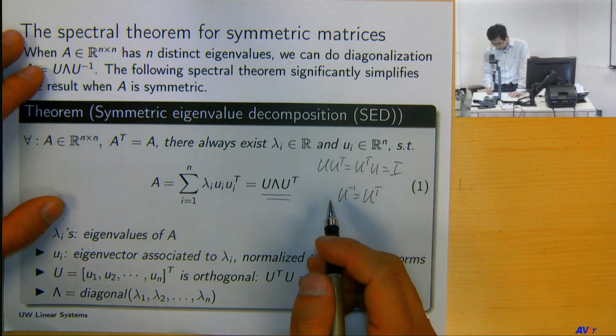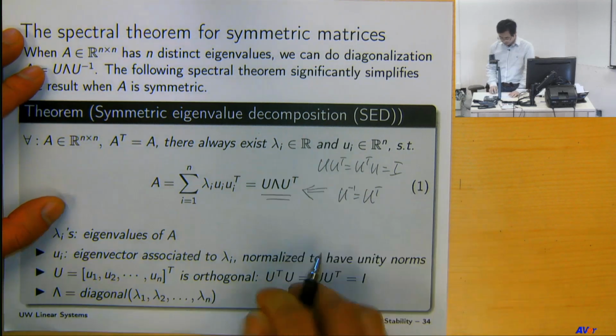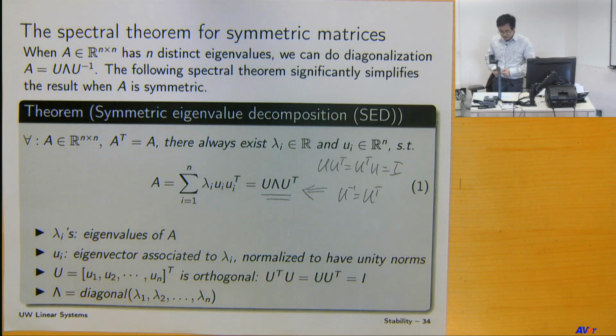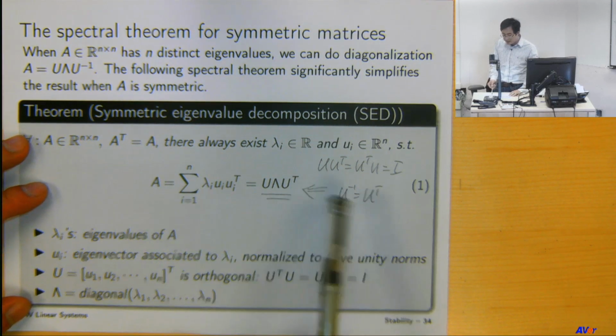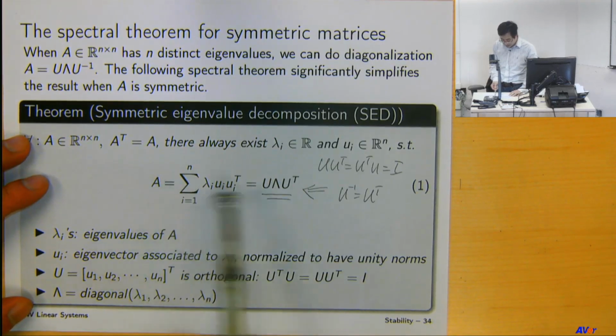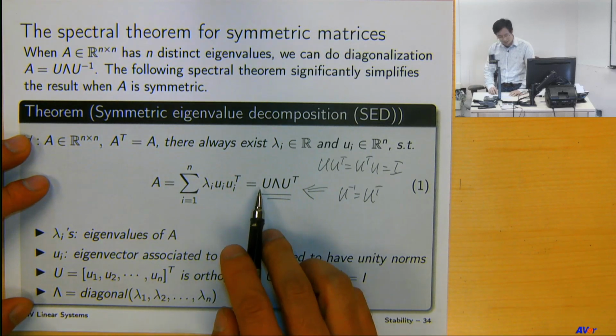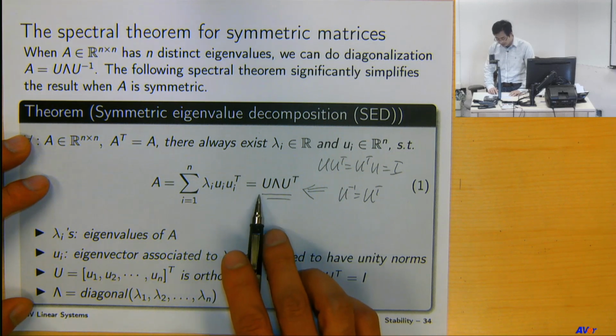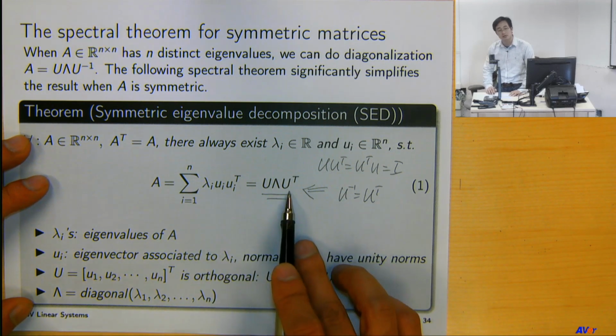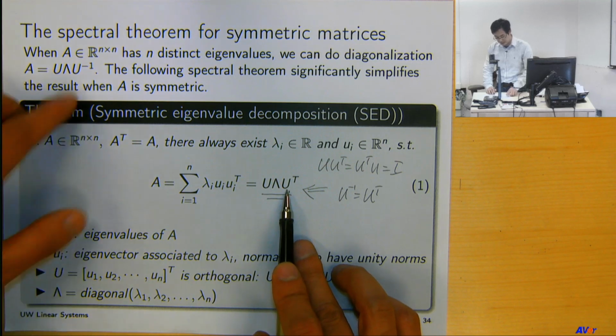Okay? So if it's symmetric, then it turns out these eigenvectors that construct this U matrix are perpendicular to each other, and we can normalize them so that its inverse is its transpose.